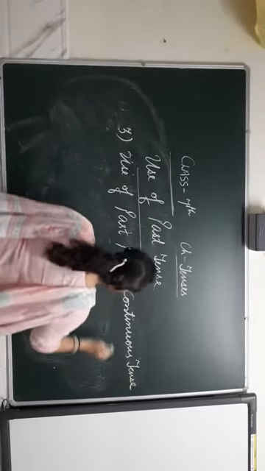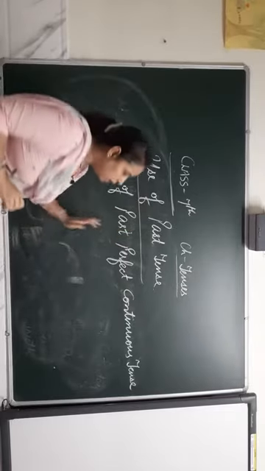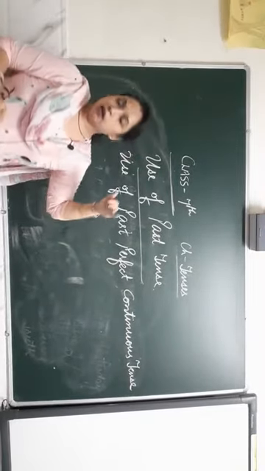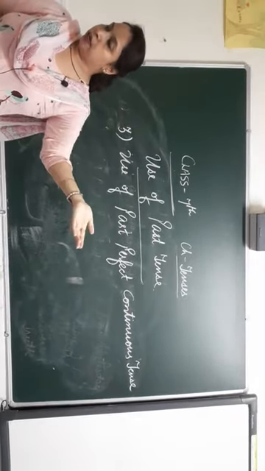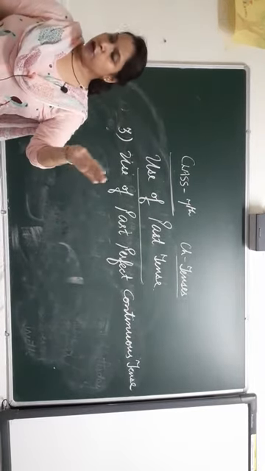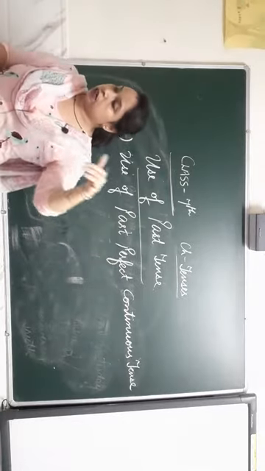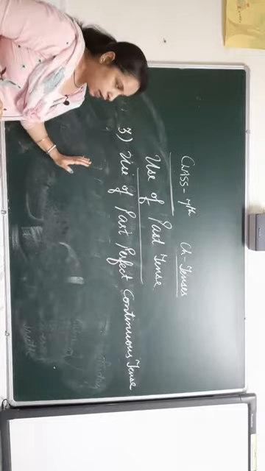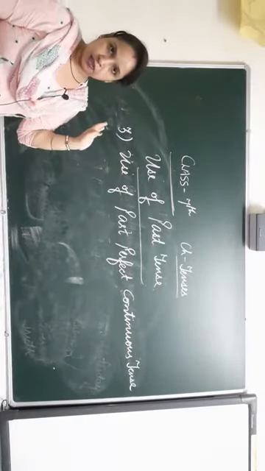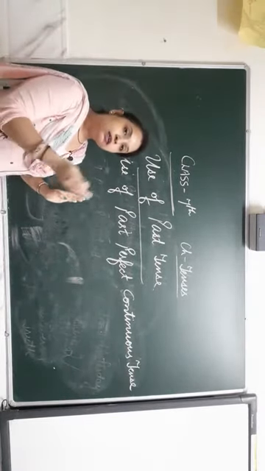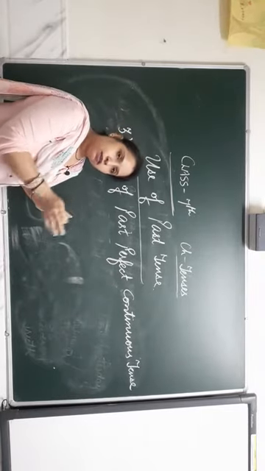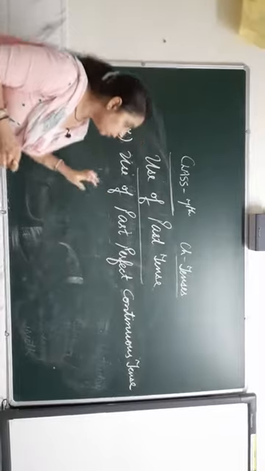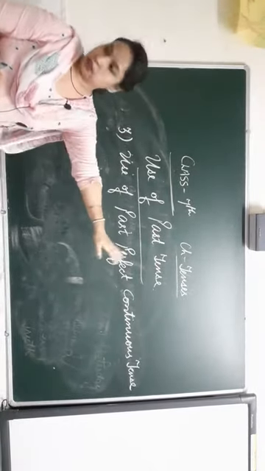Again here also that rule is there: some work you have started in the past, and at a particular moment, before a certain instant in the past, it was continuing. You started some work in the previous time and then at a certain moment, yesterday or the day before yesterday, it was still continuing. Then you use past perfect continuous.